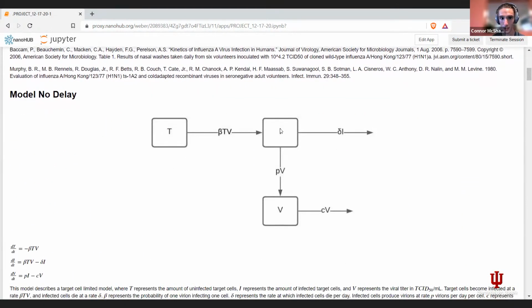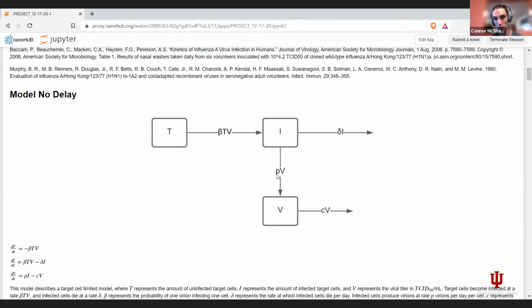So the first model is just 3 nodes. We have P, which is our population of cells, I, which is a population of infected cells, and V, which is the viral load. The normal cells get infected at a rate that involves a general probability, the current number of uninfected cells, and the amount of the viral load.